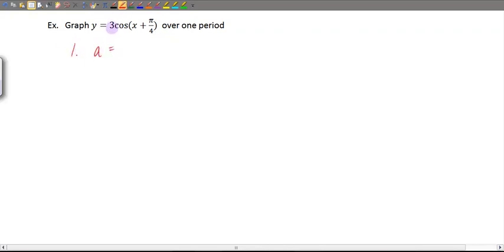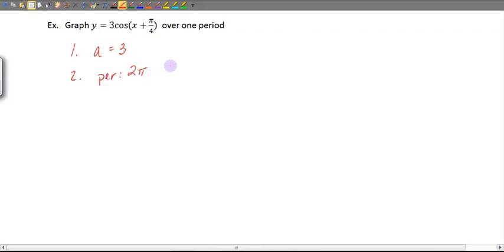The amplitude is that coefficient next to my trig function, so I know that the amplitude would be 3. The second thing I want to look at is the period. The period of this function would still be 2 pi because I know cosine is 2 pi and I know b is 1 in this case.